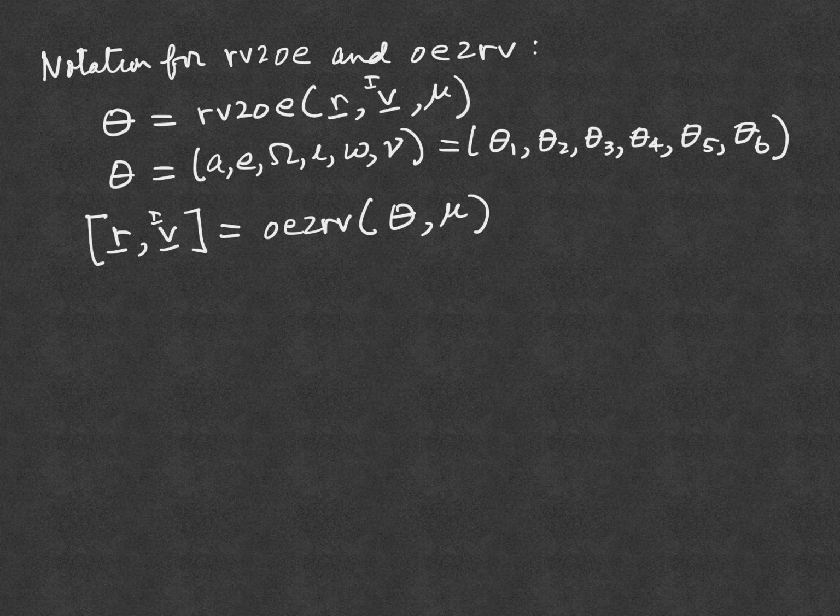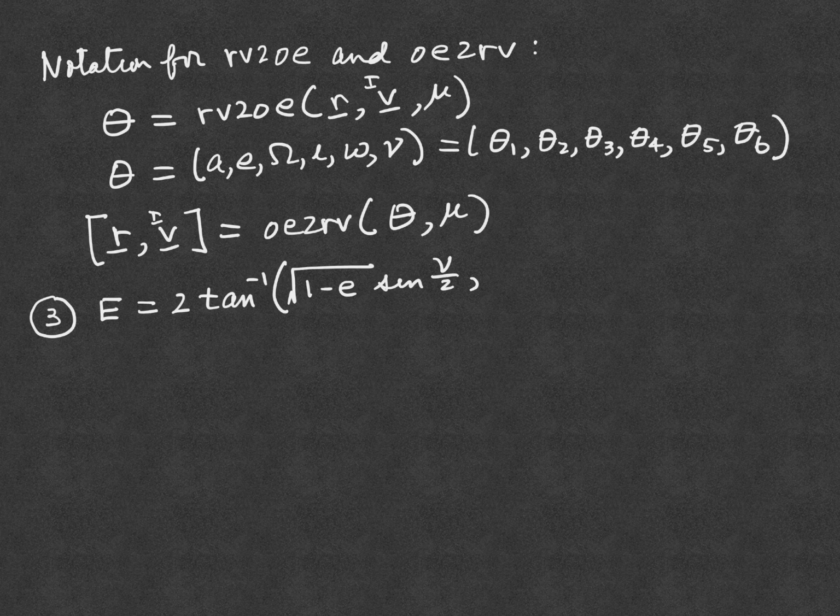Now, the third function that we need is the relationship between E and nu. So remember that E is equal to 2 times the 4-quadrant inverse tangent of the square root of 1 minus E times the sine of nu over 2 and the square root of 1 plus E times the cosine of nu over 2. And that came from our derivation of the relationship between true anomaly and eccentric anomaly.